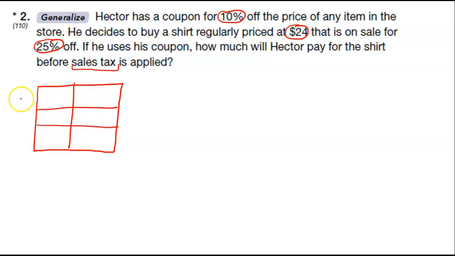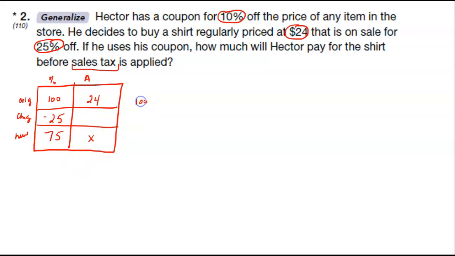So we have original, change, new, percent, actual. Start with 100. Let's see, regularly priced at $24. He has a coupon for 10%, but this is on sale for 25. So let's go ahead and take the 25 off first. So that's 75, and we'll see how much we get here.